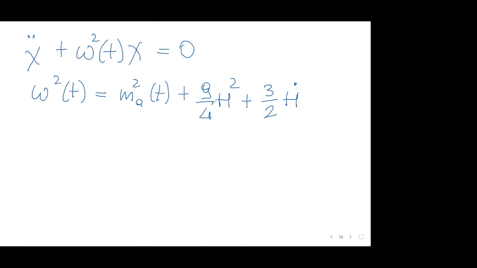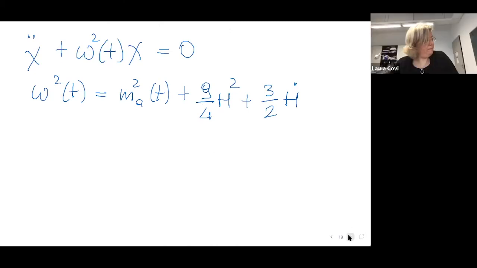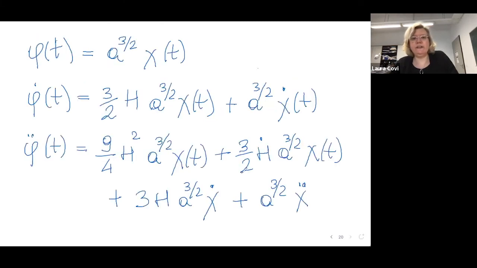Sorry, can I ask a question? Yes. In order to cancel the Hubble term, do we not have to rescale phi with the minus 3/2? Let me think. Yes, sorry, you're correct, minus. Of course, it's the volume at the end. That is important. So you have here a minus, and here you have a plus because it's squared, and here you will have a minus.